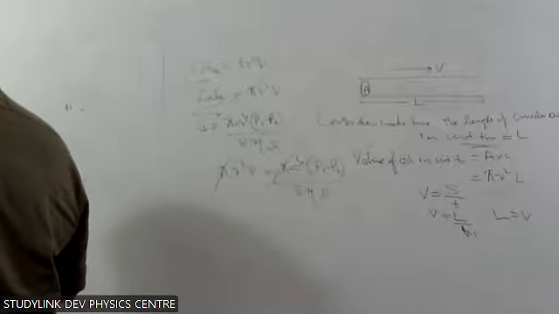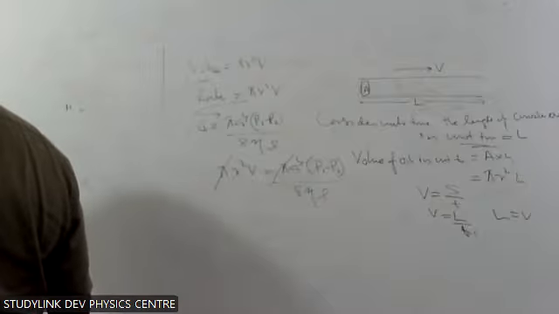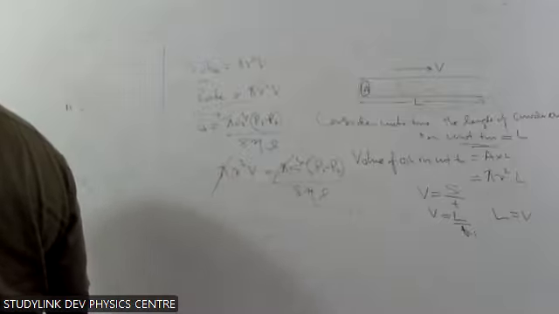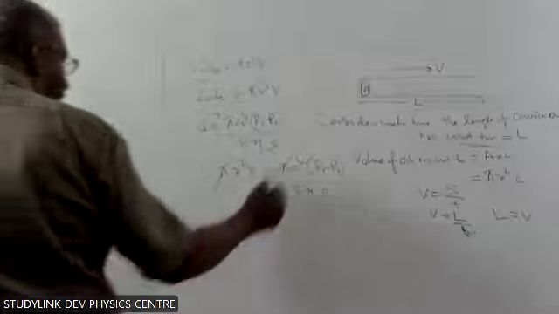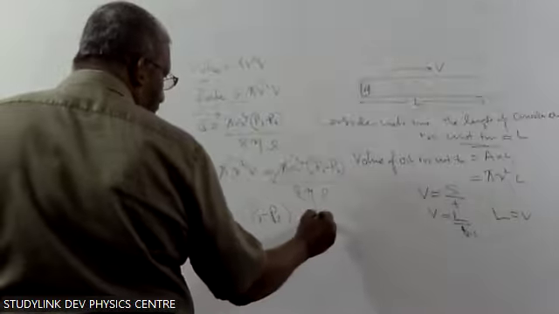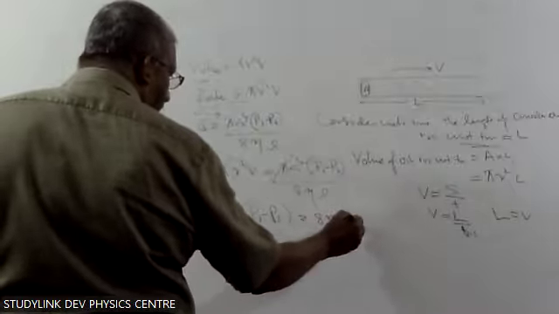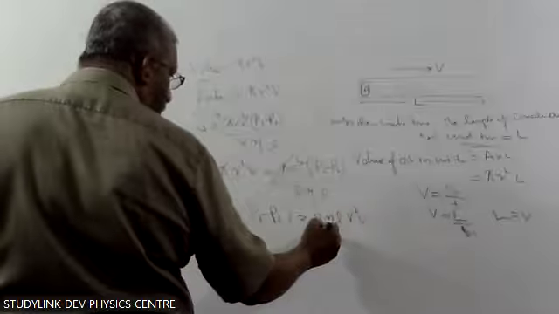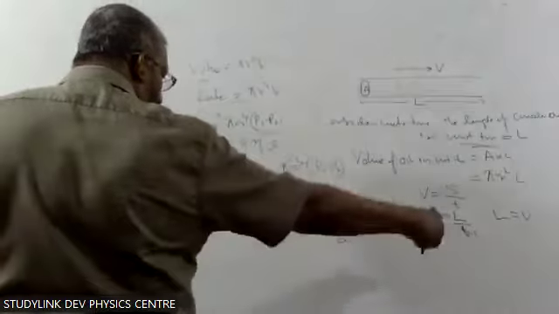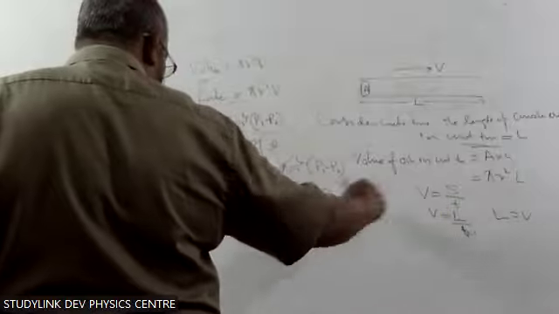Here they are asking p1 minus p2 value, which is equal to 8 eta L r squared v over a to the power 4. Substitute the values. First you write a in SI units. After that, substitute.